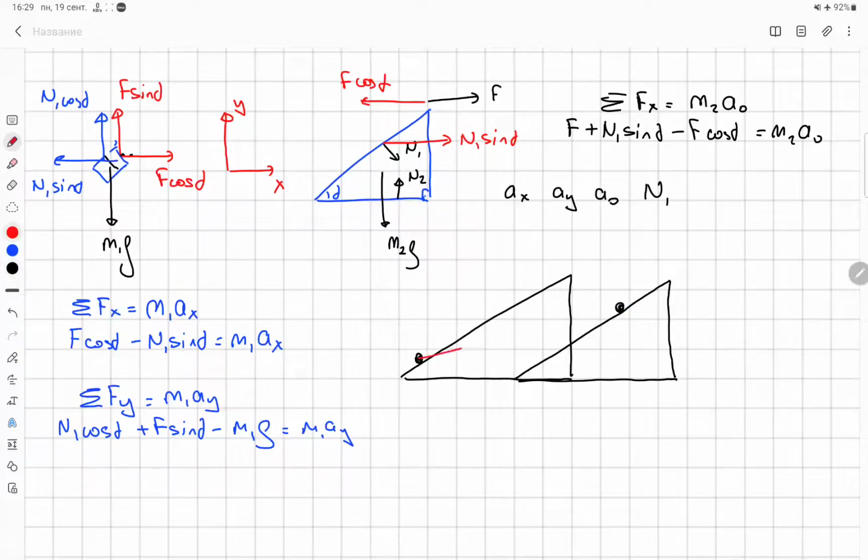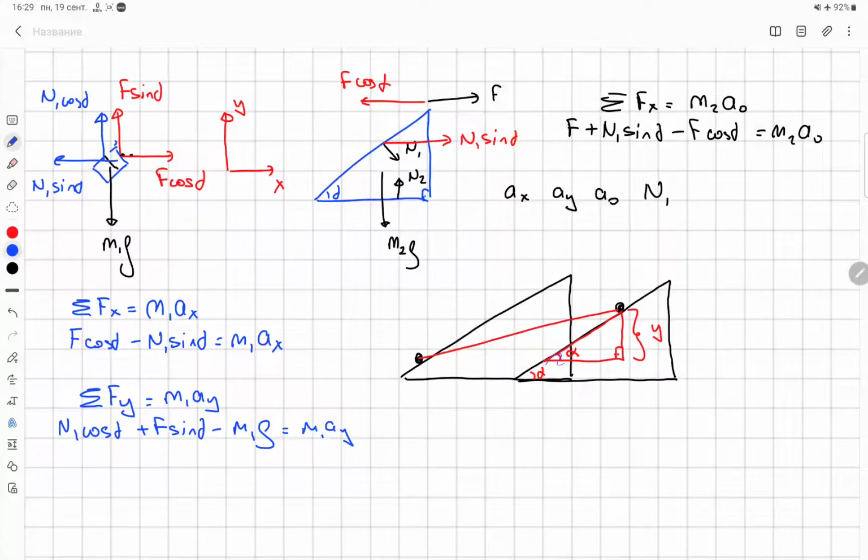And this is the direction of motion of object M1. Here we have an angle alpha. So let me consider this triangle, because this angle alpha is given. And this is the distance that object M1 moves upward. Let's call it y.